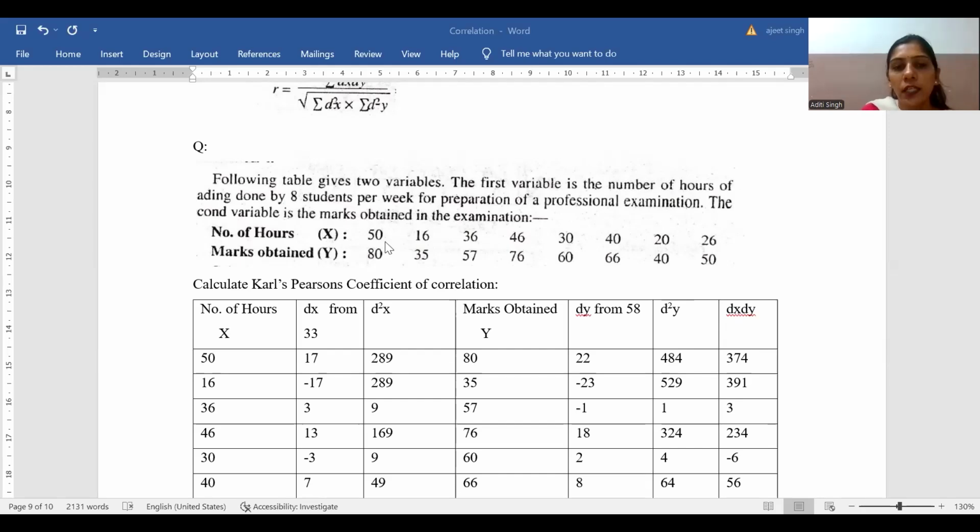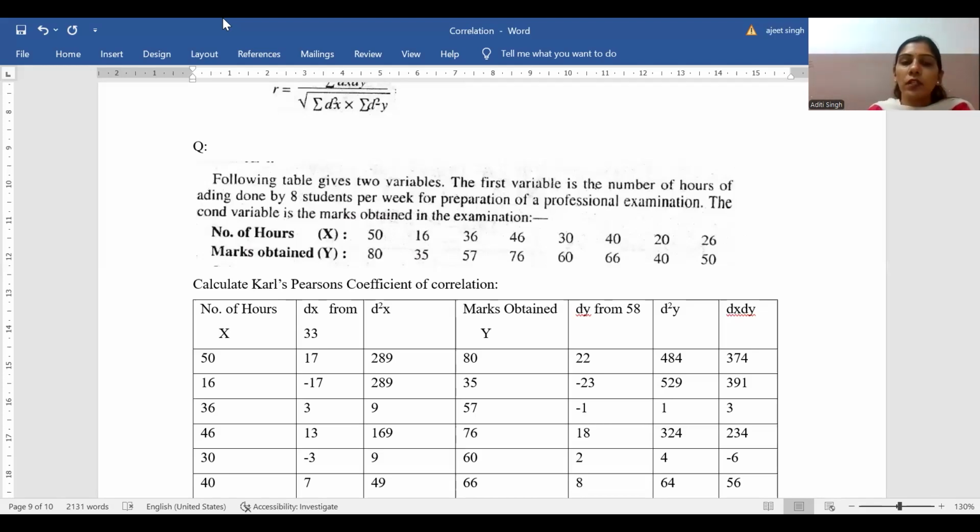The student who gave 50 hours for preparation got 80 marks. If someone gives fewer hours to preparing for the examination, he gets fewer marks. As a student who prepared for 16 hours got only 35 marks.